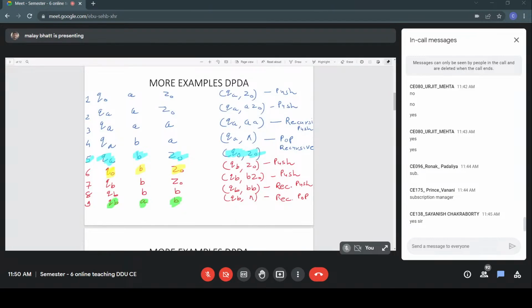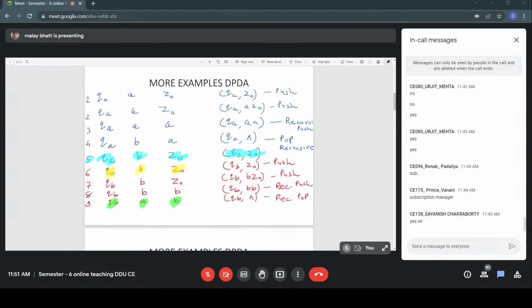The reason is that we have cancelled B and A. We don't know what is below the top of the stack in the rules. When we solve the exact example, we know what is below the top of the stack, but in the rules we only know the top of the stack, and it is cancelled by input B. It is QA null. And we can apply this rule any number of times.